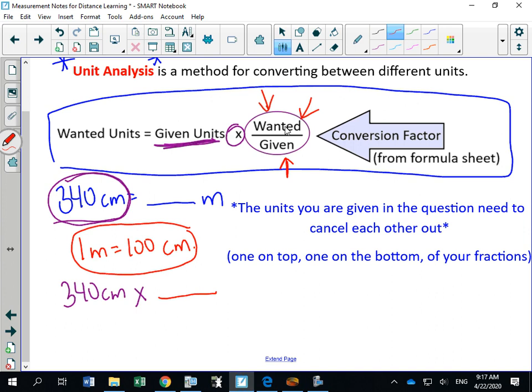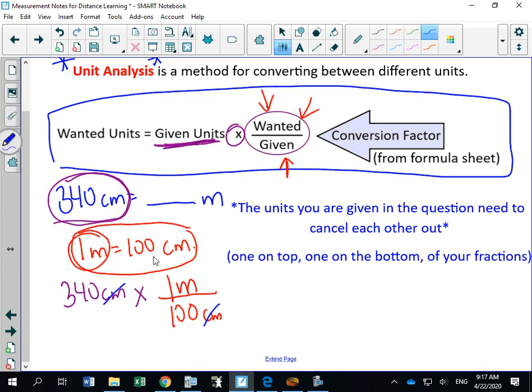The units you want go on top. So if I want meters, then meters goes on top, and the centimeter would go on the bottom. The reason you always put what you want on top is that centimeters over centimeters would cancel.